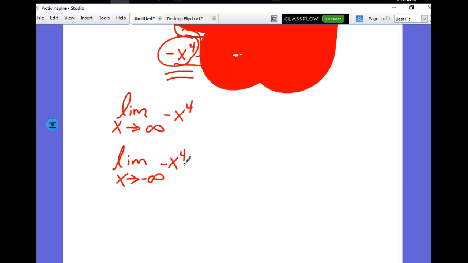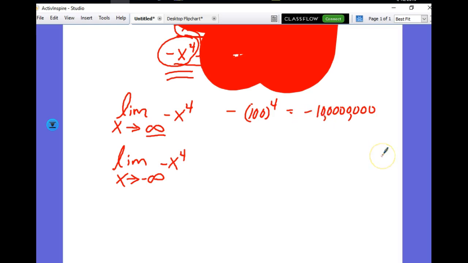Well, infinity means we're just getting bigger and bigger and bigger, right? So just for the heck of it, we could plug in a pretty big number, for instance, let's say 100. If I'm going to positive infinity, let's plug in 100 for x and see what's happening here. 100 to the 4th power is going to be, I think it would be this, but the exact value doesn't matter, and that negative's there.